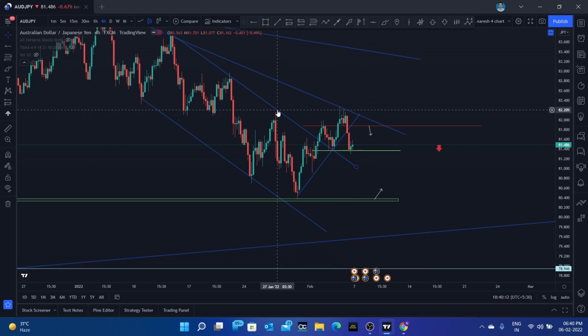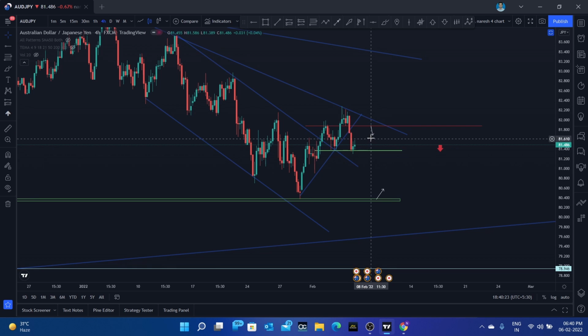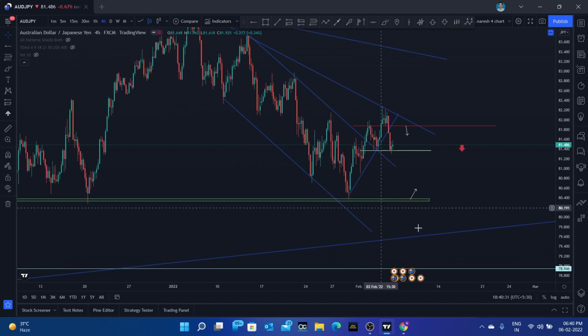It was in one channel and broke this channel, and it is not able to make a higher high, and again it dropped to this level. So we are bearish in AUDJPY, guys. You can look for short entries only. If it is breaking this level directly with an engulfing candle, you can go for short entries, guys, and take this as your first target, and you can take the next target around this area using this trend line.